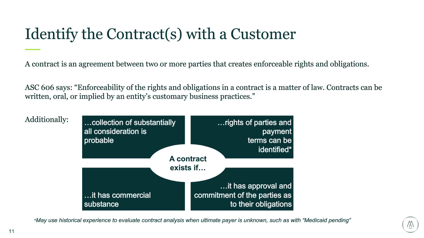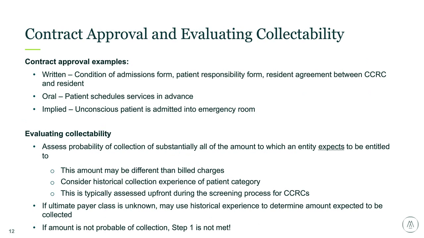As we just mentioned, one requirement is that the parties have approved the contract. This could be in writing, orally, or implied in accordance with other customary business practices. A written contract with the patient could be the signed conditions of admission form, and for a CCRC organization could be the signed resident agreement.